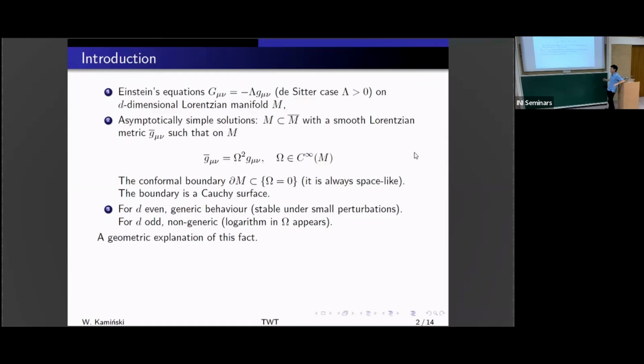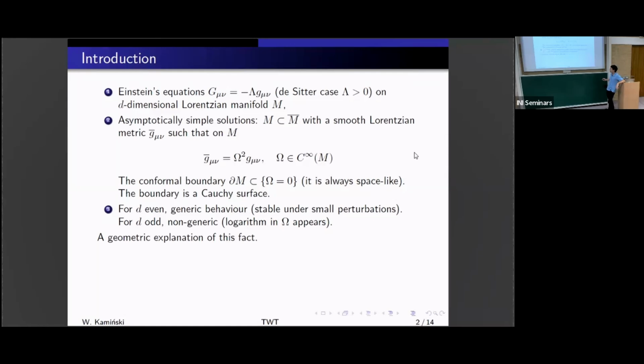What is interesting is that there is a difference between even and odd dimensions. For even dimensions, such solutions are in some sense generic. This means that if we make small perturbations, we will still have this smooth behavior at the boundary.